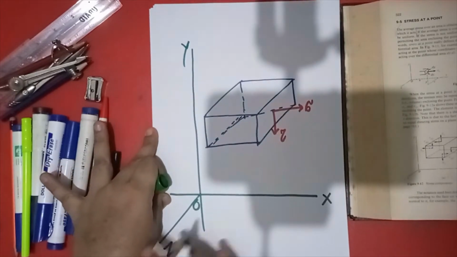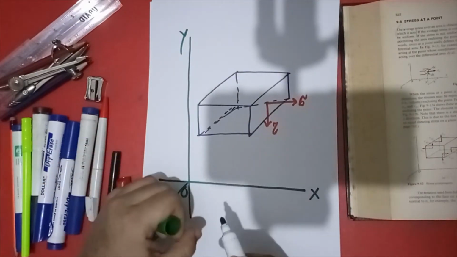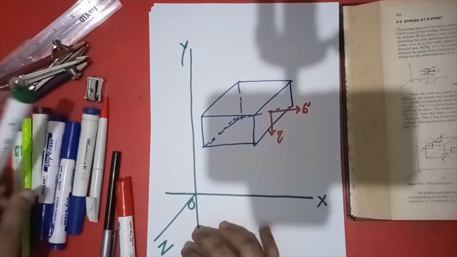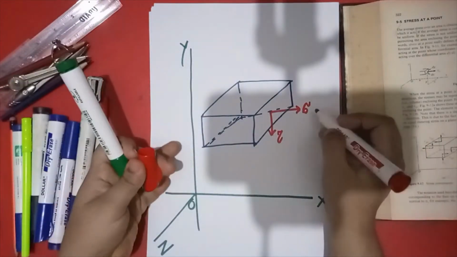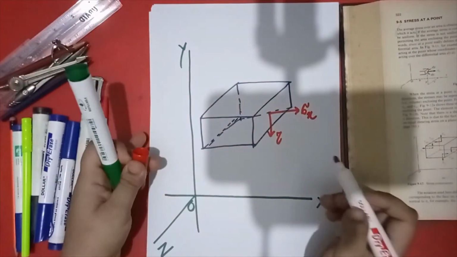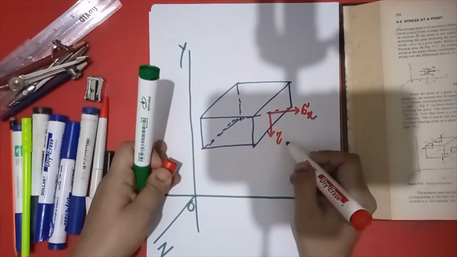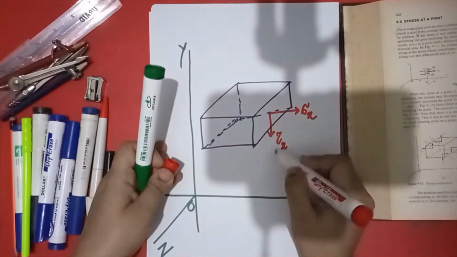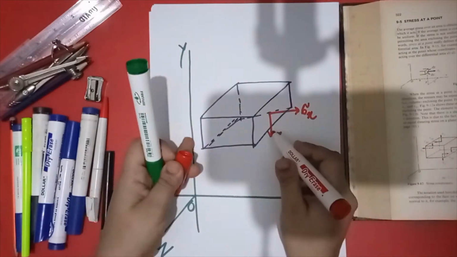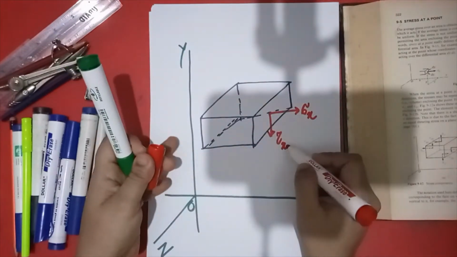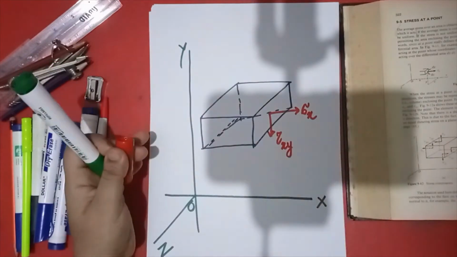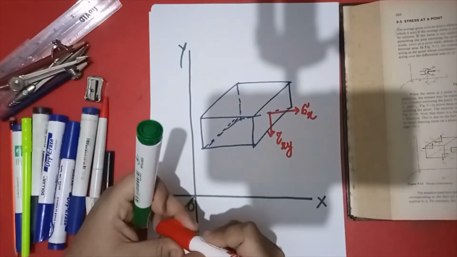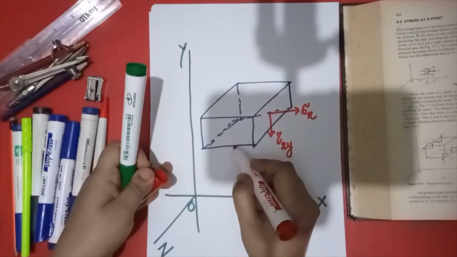This force is parallel to the x-axis, so you write its subscript as sigma x, and this is the perpendicular one. This is parallel to the y-axis, so you write down tau xy. The same goes with the other planes.